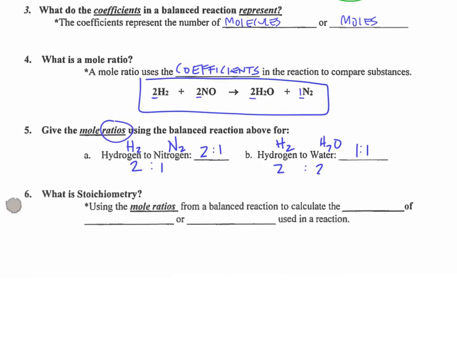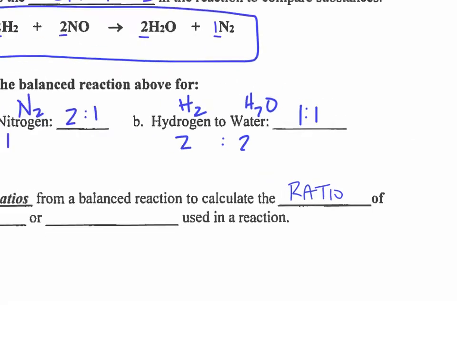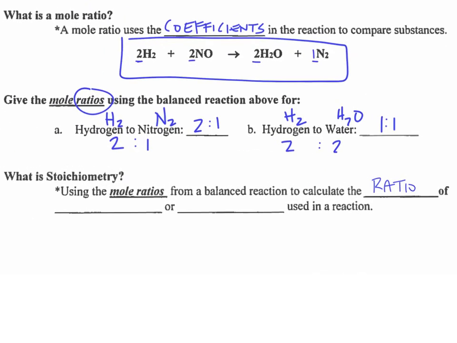All right, and lastly on this front side, what is stoichiometry? Stoichiometry is using those mole ratios from a balanced equation or reaction to calculate the ratio of the reactants or the products. My goodness, so many bells and alarms today.